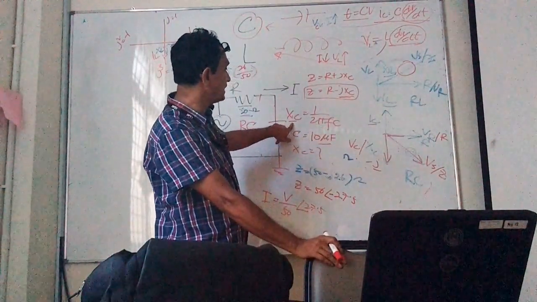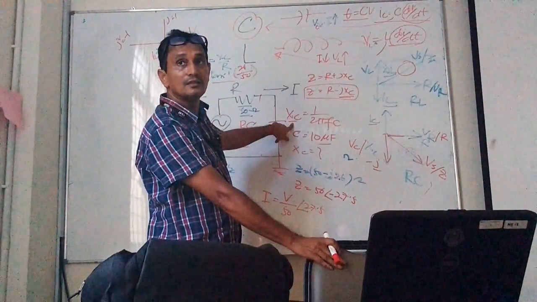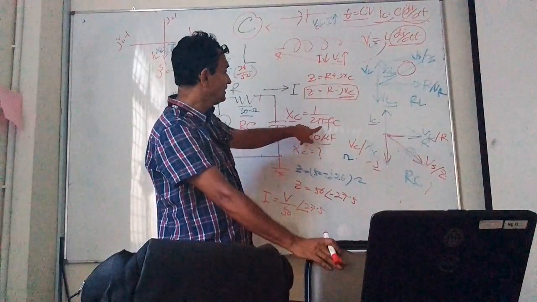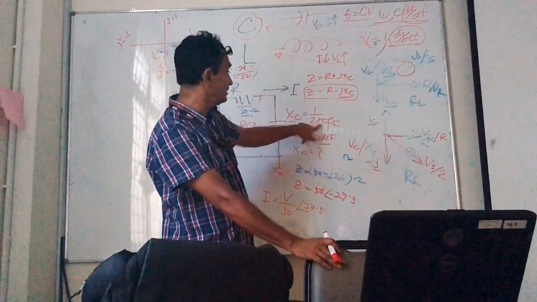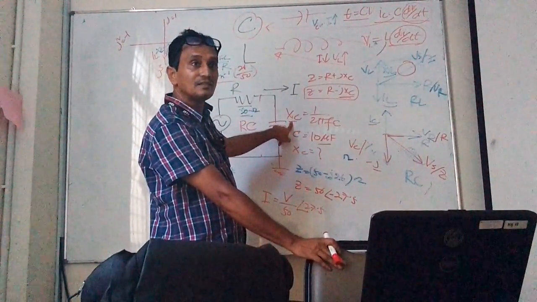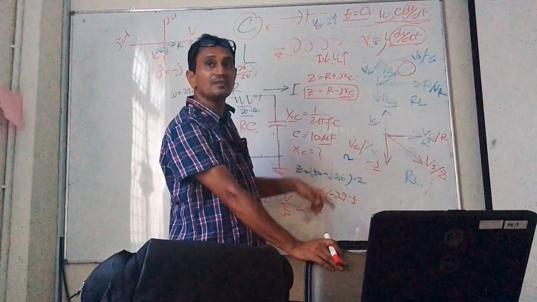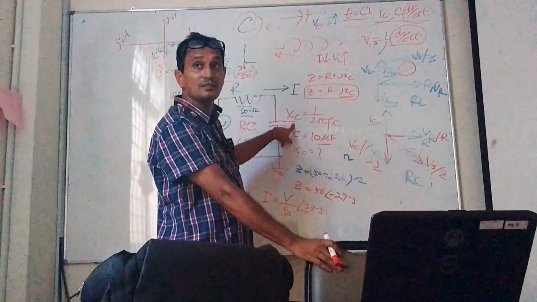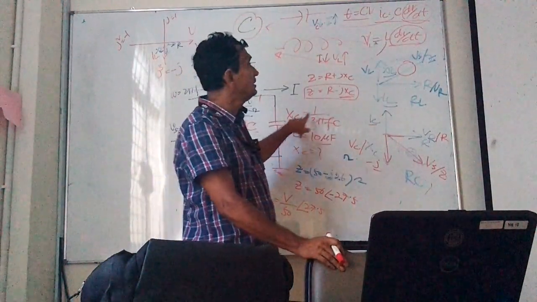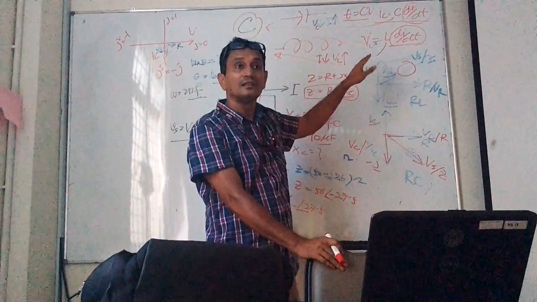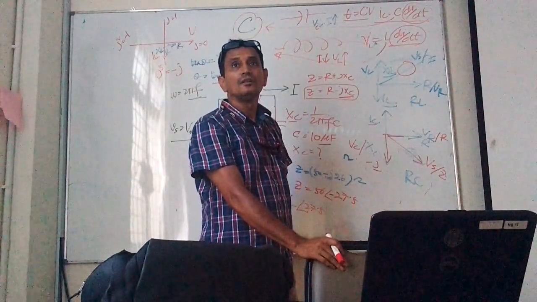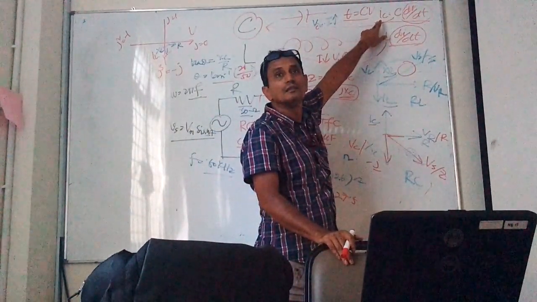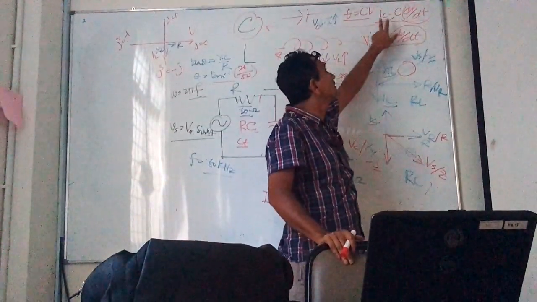If the frequency is 0, then the reactance should be how much? Anything divided by 0 is infinity, so XC is infinity. XC infinity means the current should be definitely 0. No time change in voltage means the current is 0.